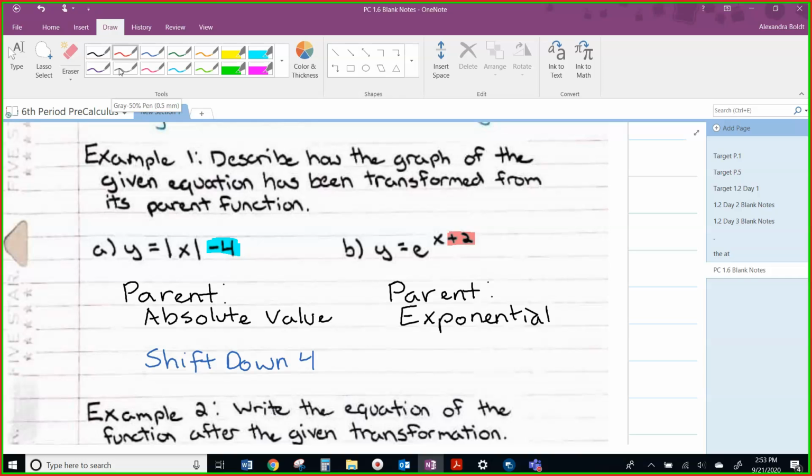Inside moves it left and right, and it's always opposite of what you want it to be. You're adding, so you would think positive, so it's going to go the opposite way. So it's actually going to shift left 2.